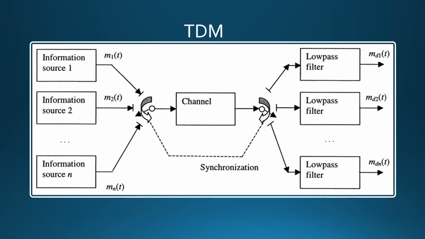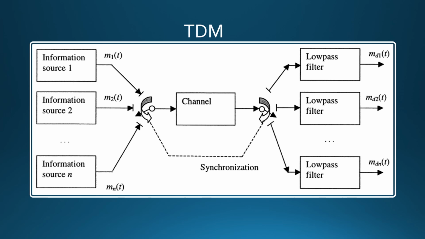Third is all about time division multiplexing, that is TDM. In this multiplexing, the time is divided into different slots. Each signal or data stream gets its own time slot, allowing multiple streams to share the same transmission medium without interfering with each other.